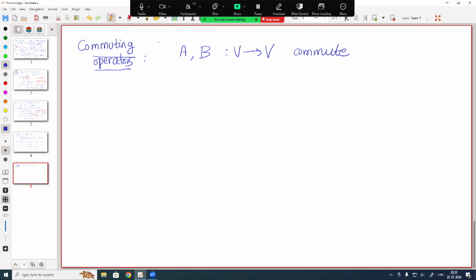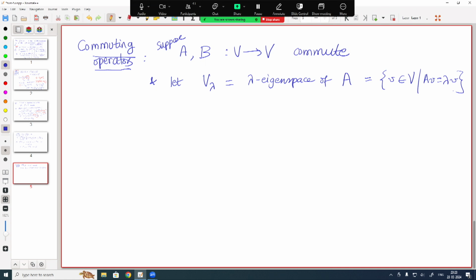If I take an eigenspace of one of them, let us say V lambda is the lambda eigenspace of A.